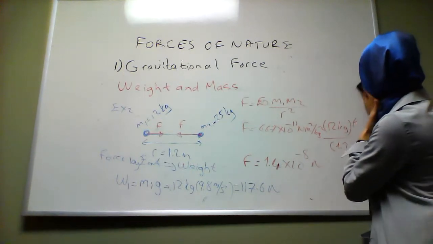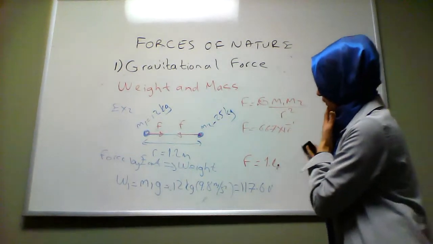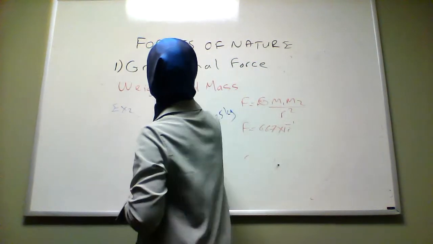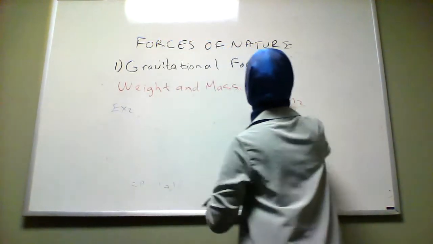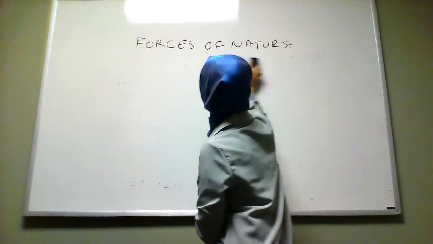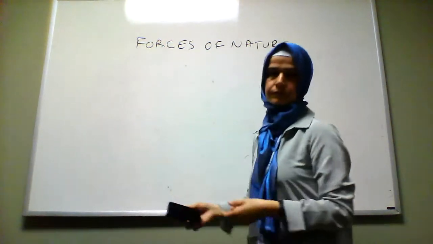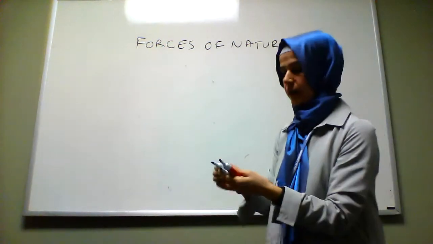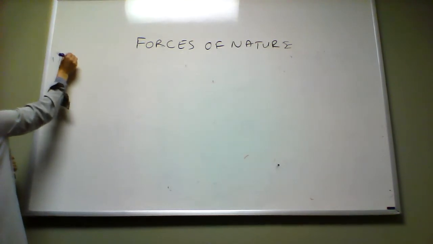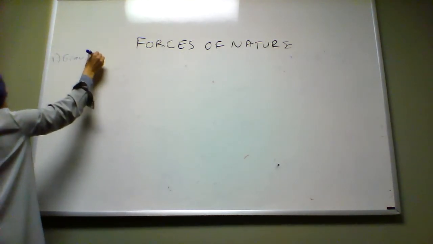Now I'm passing this. The second force I'm going to talk about is normal force. This is a lot simpler, and we see it in questions. Let me put it here in this corner. The first force was gravitational force, we talked about.